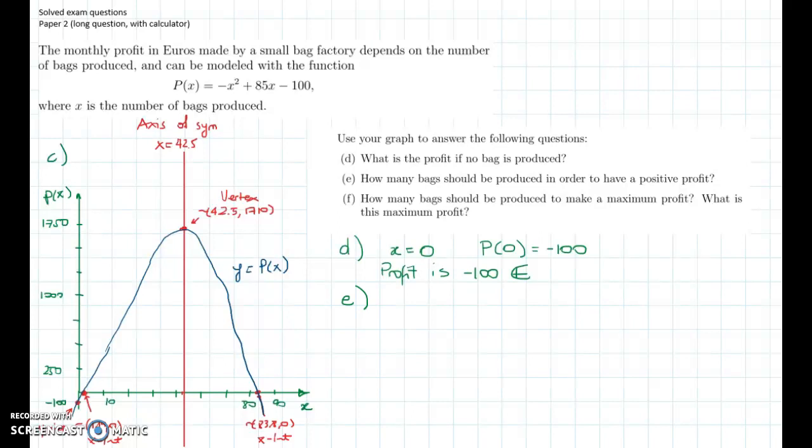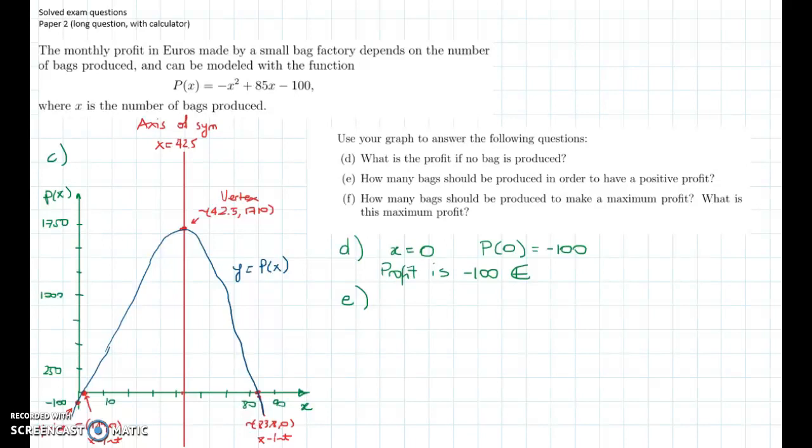For part E, they are asking us how many bugs should we produce in order to have a positive profit. Well, we know that for x equals 0, the profit is not positive. We know that for x equals 1 is not positive either because we can look here at the x-intercept being at the point approximately 1.190.